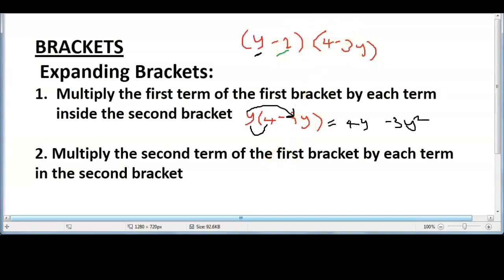So it's going to be minus 2 multiplied by the second bracket. So I'm going to have minus 8 plus 6y.